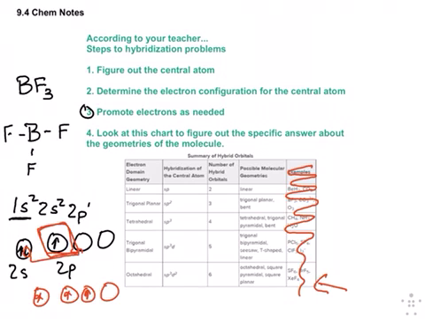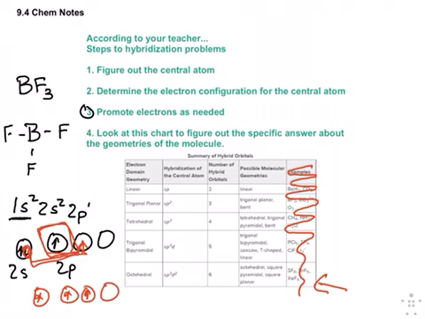We need to make 2 more half-filled orbitals to get our total of 3. So to do that, we zap the molecule with a little bit of energy, take one of the electrons from a lower orbital, and shove it up into a higher orbital. Does that make sense? That's what you needed? All right, lovely.